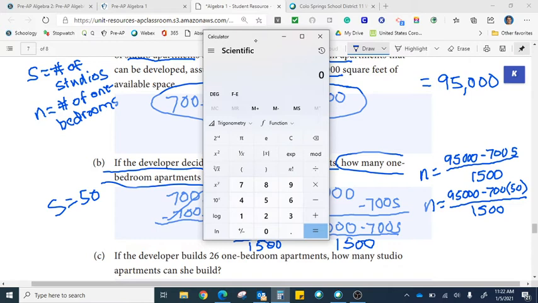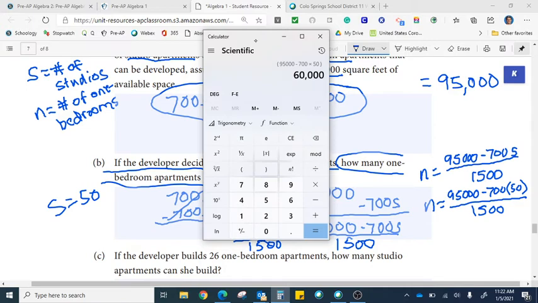I'm going to put this in parentheses: 95,000 minus 700 times 50, close parentheses.